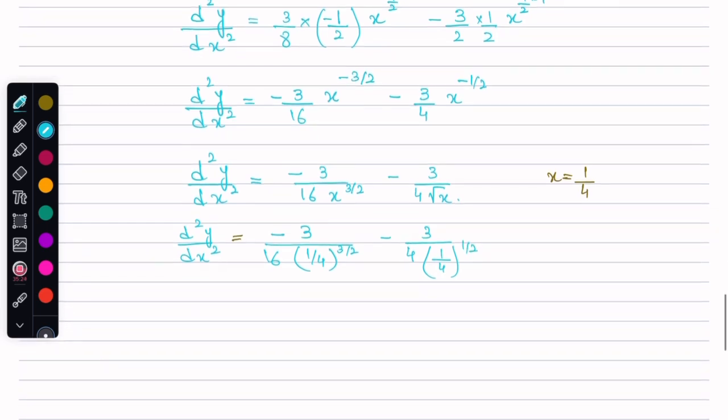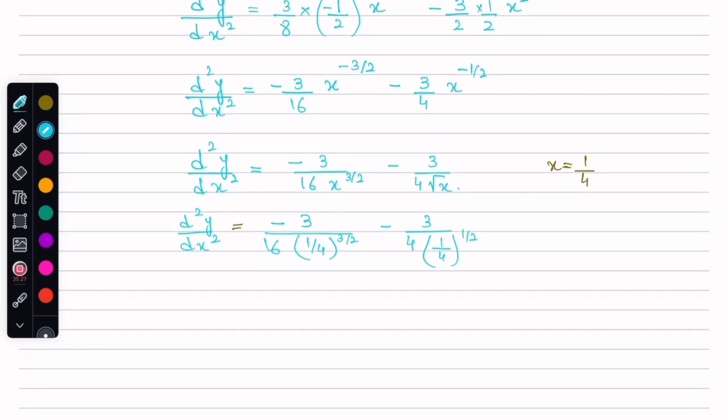So solving it further, even if I simplify this 1/4, there is one thing which is very much clear. Both the signs here are negative.